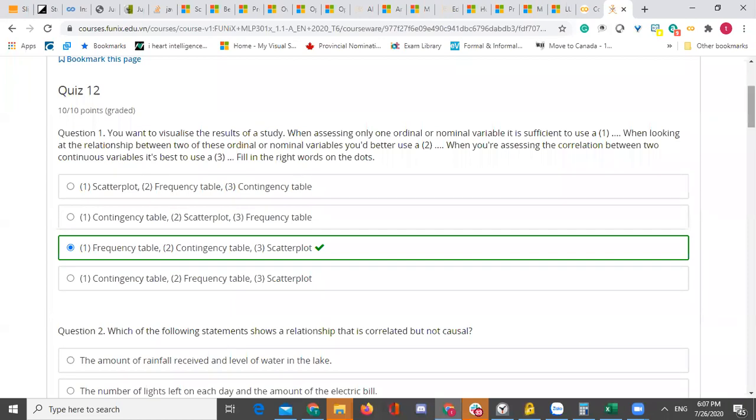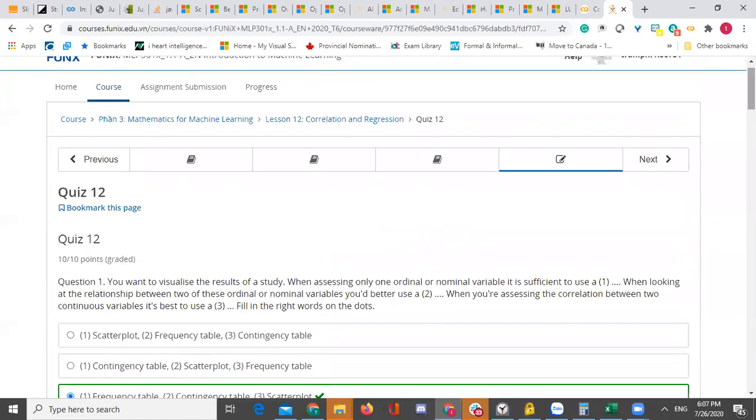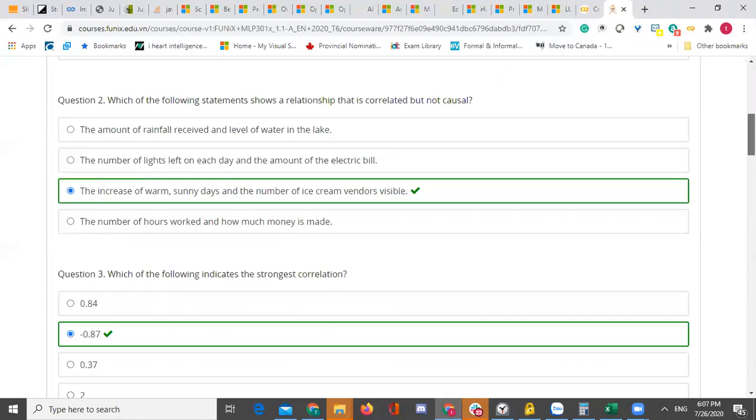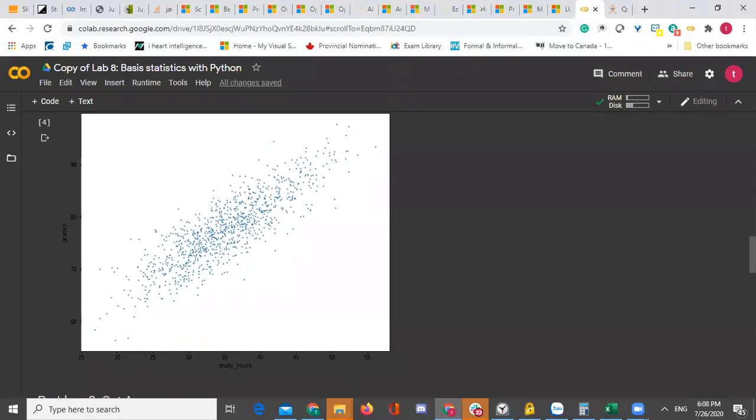So when you make your regression, just to revise, what is the difference between correlation and regression? Correlation is simply a coefficient which ranges from 0 to 1, and it explains the strength of the relationship between two variables.